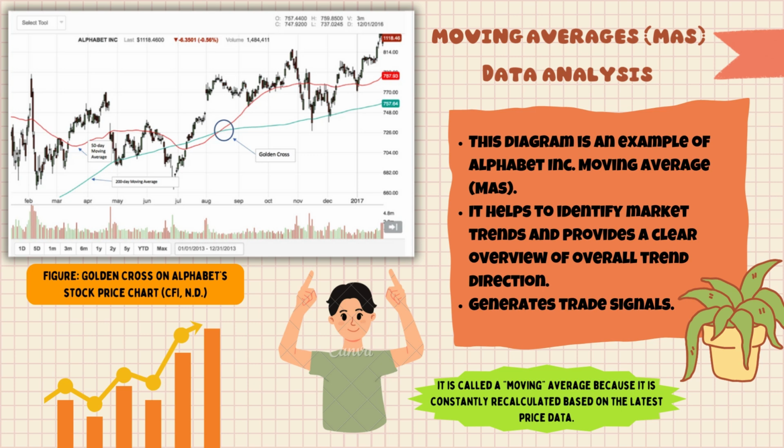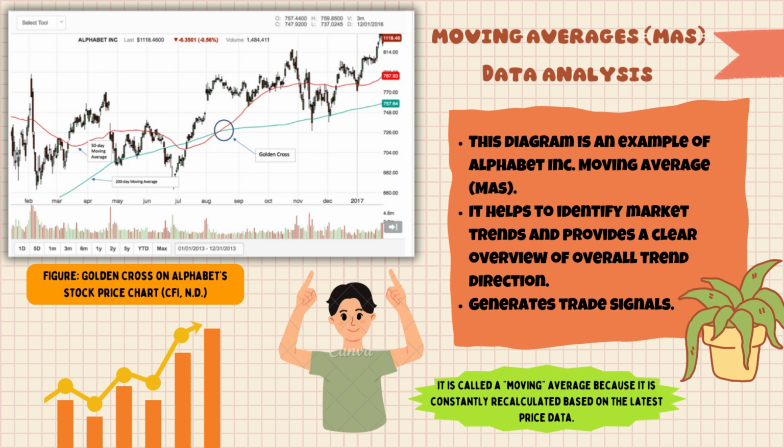So let's say, for example, if the trend is considered upward, it means the prices are high. If the price moves below, then the trend is seen as downward. So as you can see, down means a low trend, and up means a high trend.